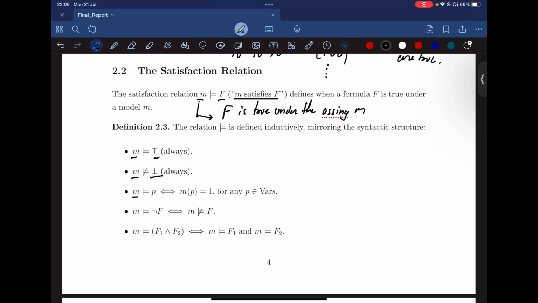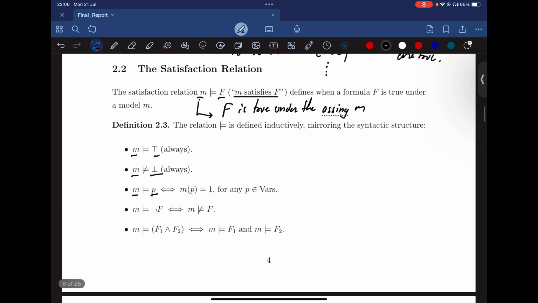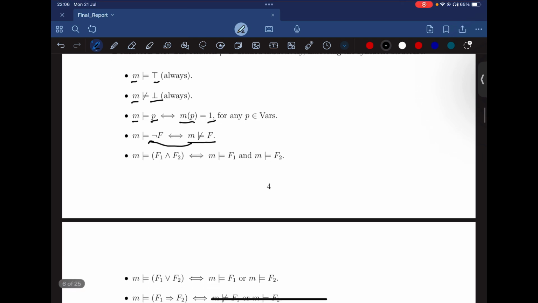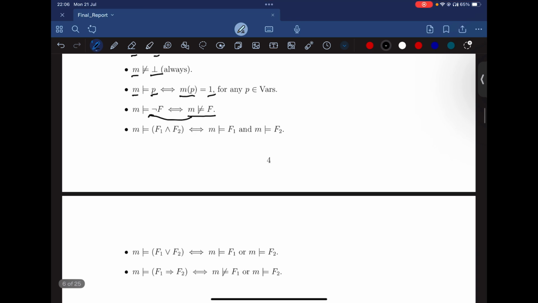Now if model M satisfies P, that means that the assignment under the model M is 1. Then if model M satisfies negation of F, that is equivalent to saying the model M does not satisfy F. Now for binary operators: model M satisfies F1 and F2 if it satisfies both.